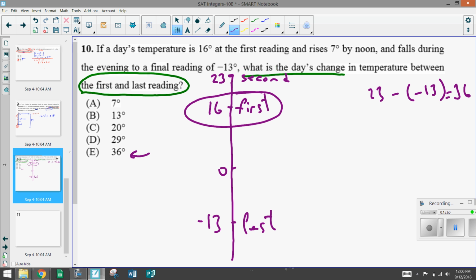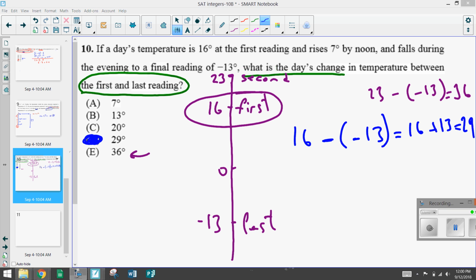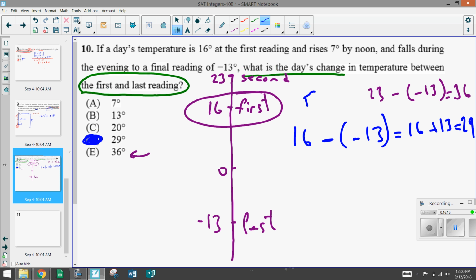No, it's still wrong. And what should we do? The difference between the first and last reading.